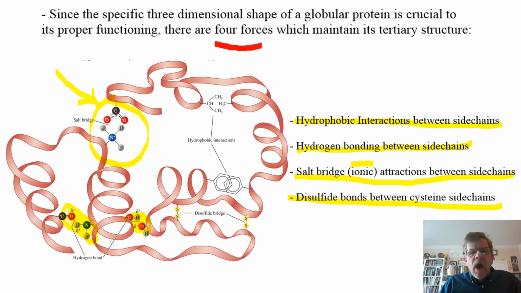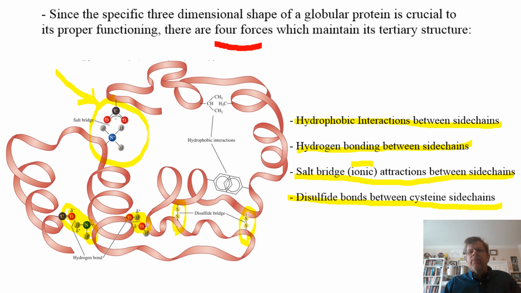We give rise to these disulfide bridges, shown suggestively here as just two sulfurs together. They must be cysteine side chains, and while it is a rarer form of these four forces, it does exist in many proteins as yet another staple which holds together the tertiary structure of a protein.